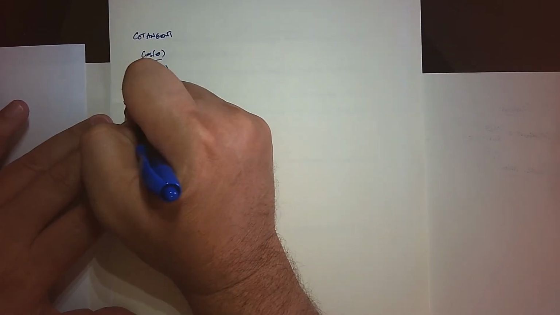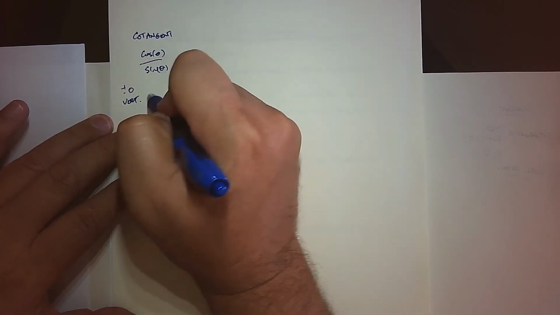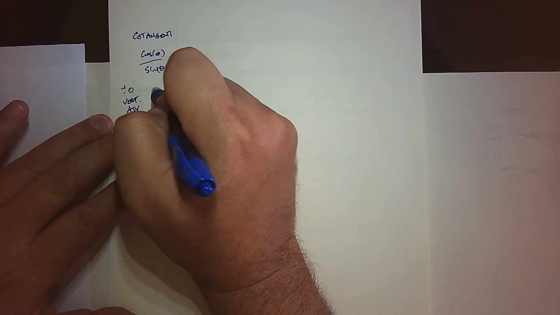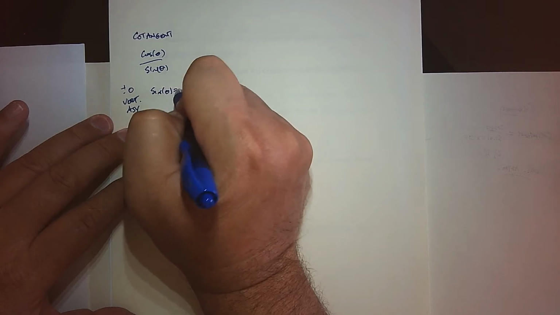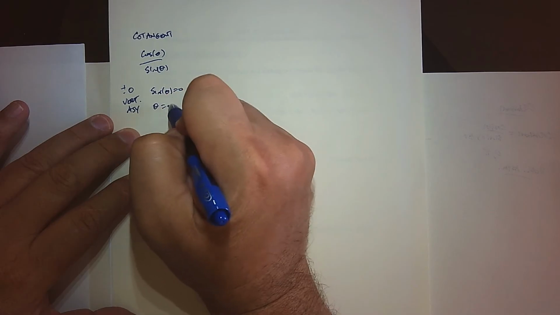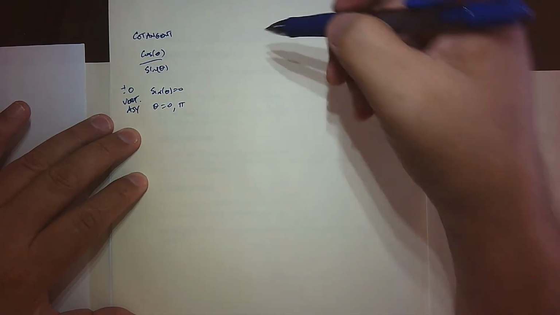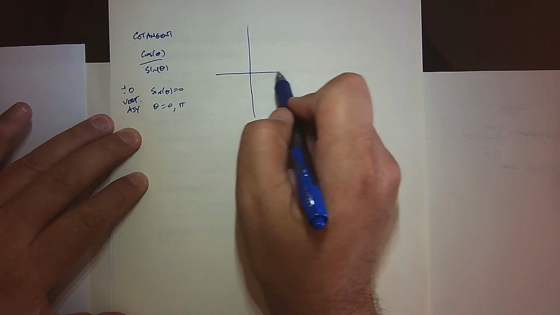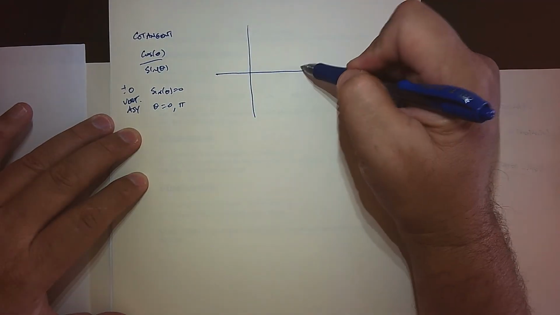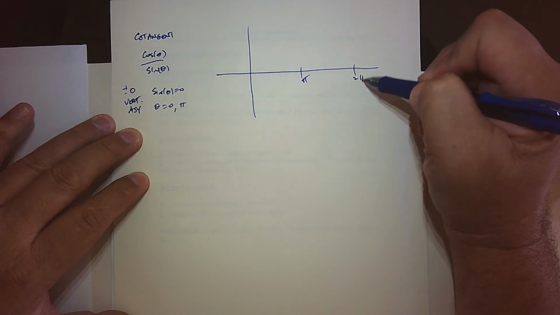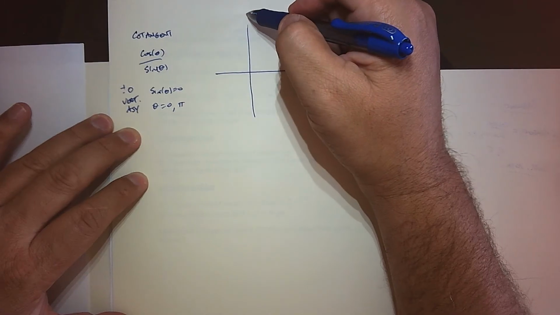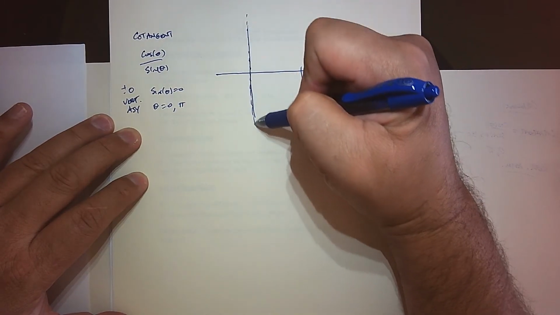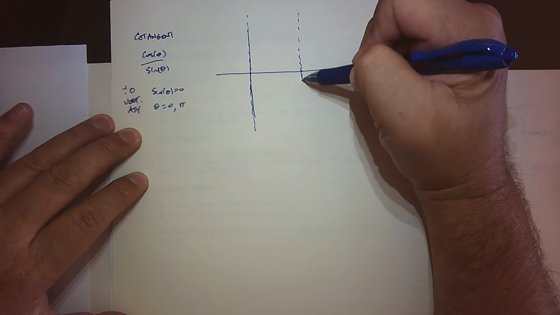And so now the problem is that we have a division by zero, or vertical asymptotes, when sine is equal to 0. And of course we know that happens at 0 and at pi. So right away, without sketching any other data points, we know that at 0 we have a vertical asymptote, and at pi we have a vertical asymptote.